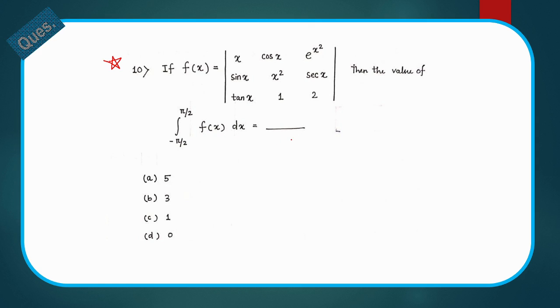So it is saying, if f(x) is the determinant value of this, then what is the integral value of f(x) with limit minus pi by 2 to pi by 2. So these are the options. How do you solve this? Let's see.